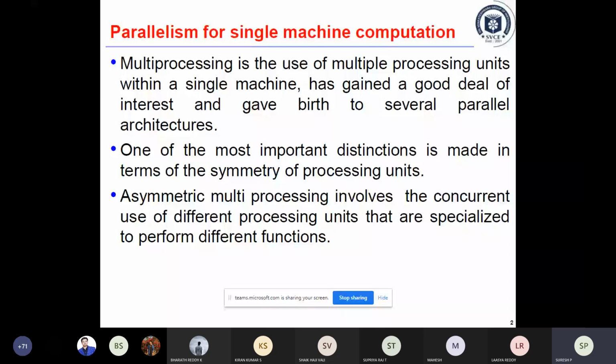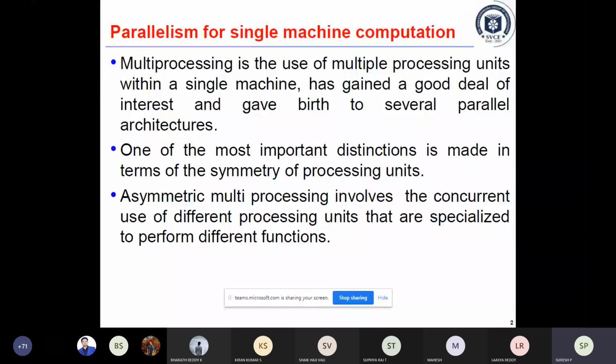According to architecture, it is defined and basically categorized into 4 types. This is not part of your syllabus; it is only for your understanding of the further chapters. The 4 types are single instruction single data, single instruction multiple data, multiple instruction single data, and multiple instruction multiple data.